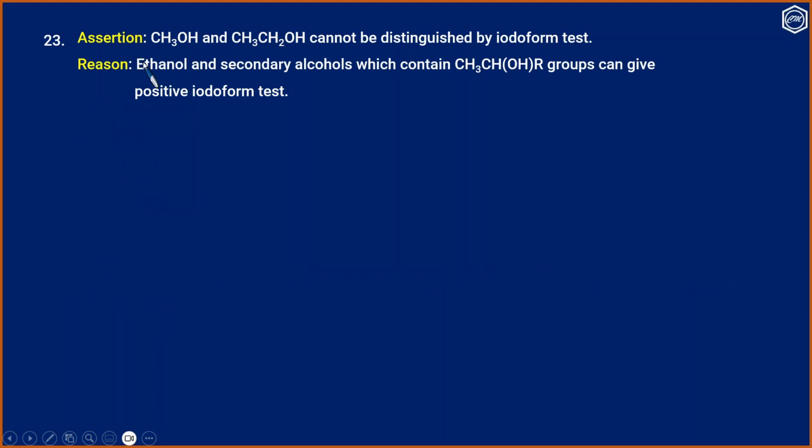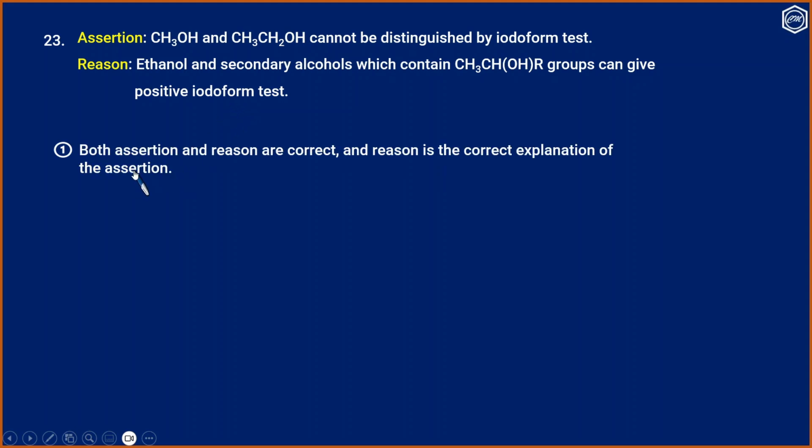Question 23. Assertion: CH3OH and CH3CH2OH cannot be distinguished by the iodoform test. Reason: ethanol and secondary alcohols which contain CH3CHOH groups can give a positive iodoform test. Option 1, both assertion and reason are correct, and reason is the correct explanation of assertion.